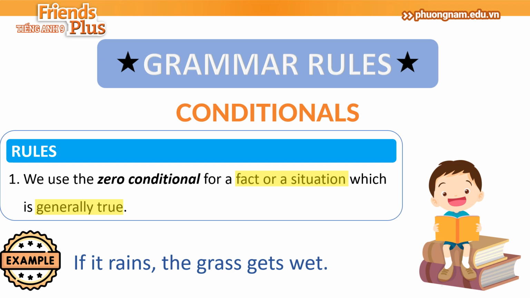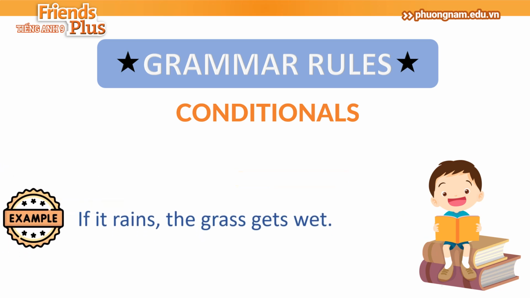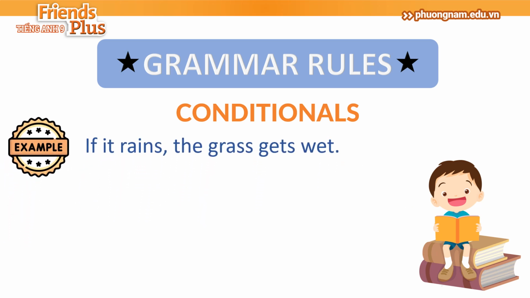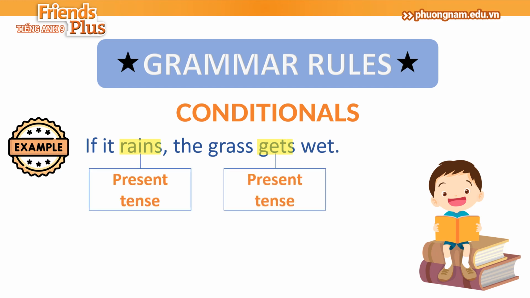Example, if it rains, the grass gets wet. If it rains clause uses present tense. The grass gets wet clause uses present tense.